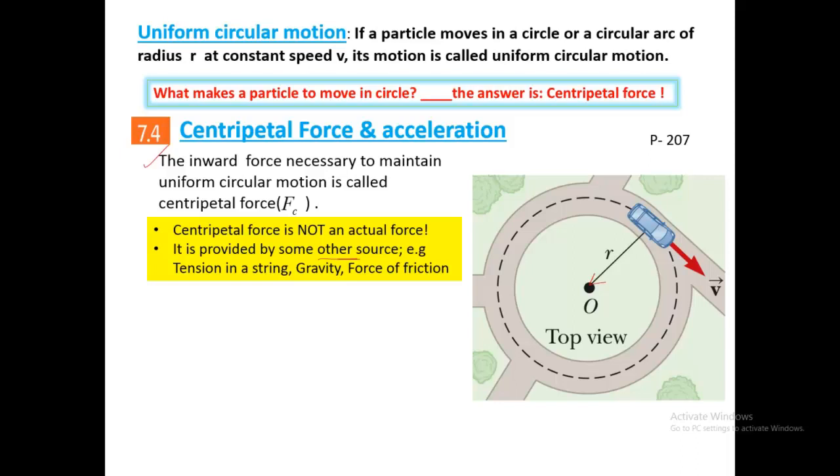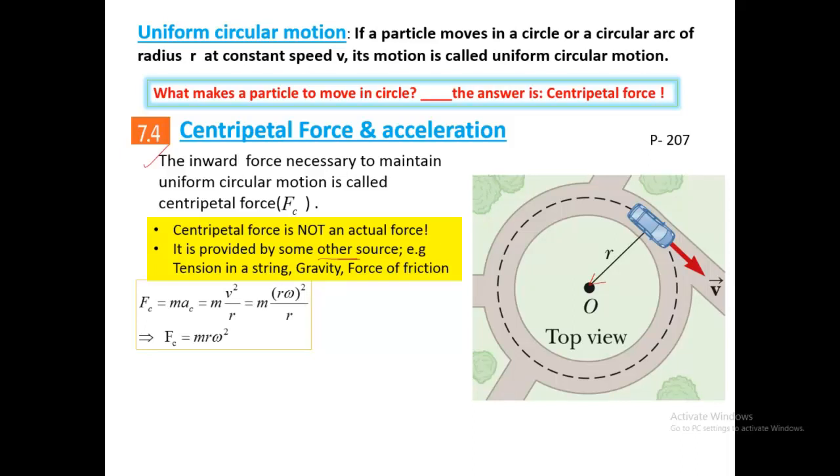Force of gravity provides the centripetal force to move Earth around the sun or moon around the Earth. A force of friction allows you to move in a circle once you are driving your car.